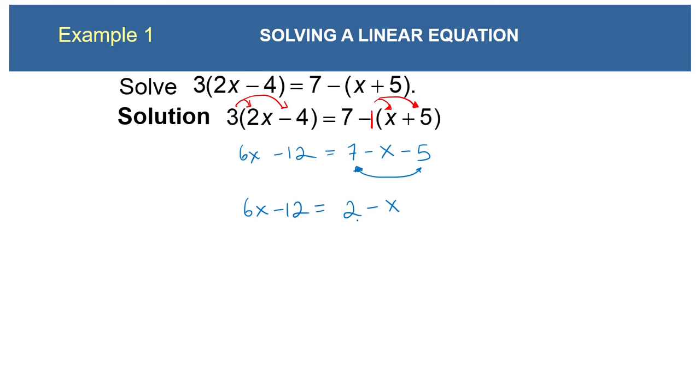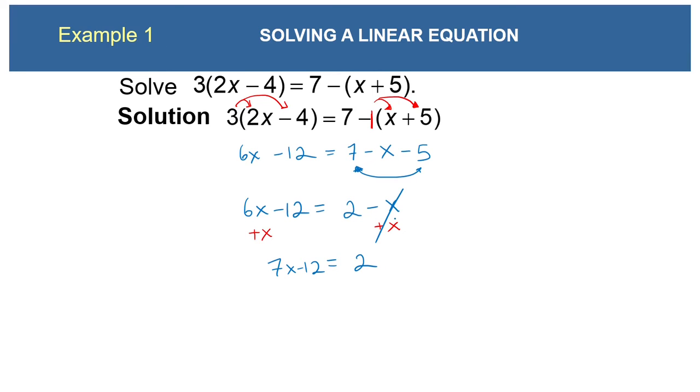I can start adding or subtracting terms to both sides. I want to get the x by itself, so let's add x to both sides. As a result, we have 7x minus 12 equals 2.